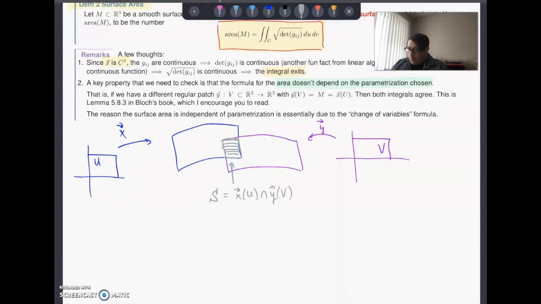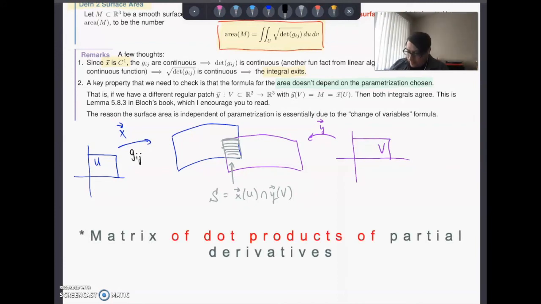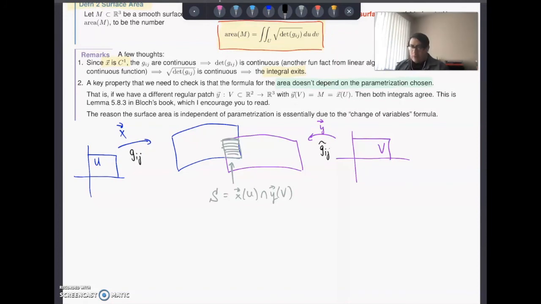Alright, so what we have to check is, if I use the notation where the GIJs is the matrix of partial derivatives, and I do Gij tilde for the patch based off of Y, we need to check the following.